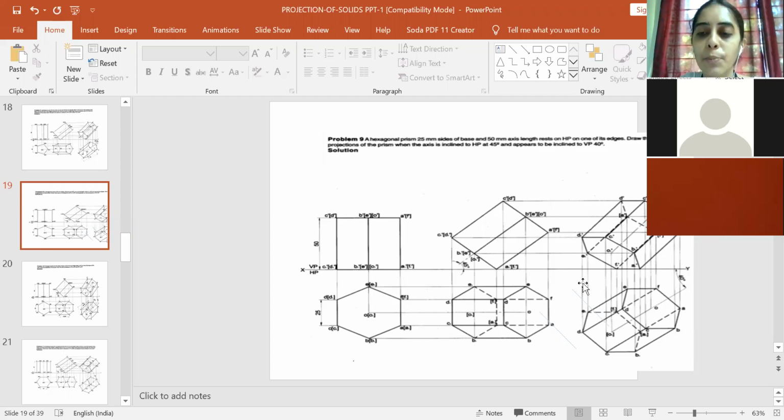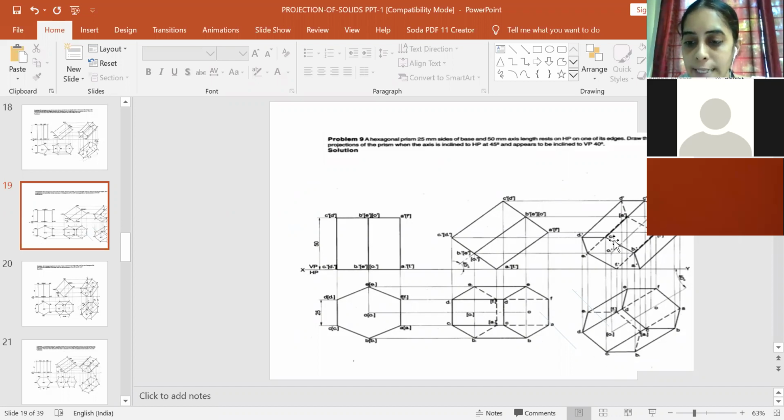After taking the projections, now you should read the locus very carefully. So here you can see the locus of E1 is meeting E1 dash at this point. So you name this as E1 dash. The locus of D1 is meeting D1 dash at this point. So this is our D1 dash. The locus of C1 is meeting C1 dash at this point.